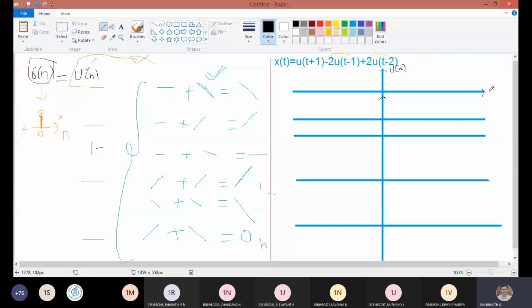Labeling is very, very important. So label the x-axis, y-axis clearly, guys. Okay, so let me give some time for you to solve.